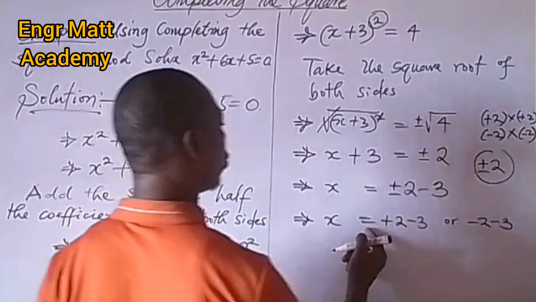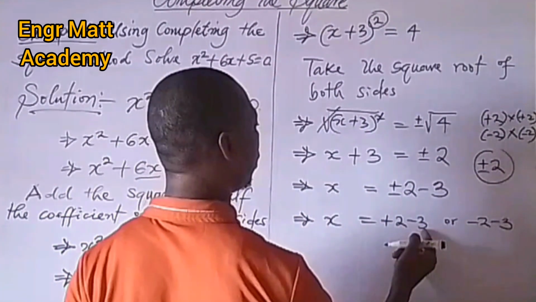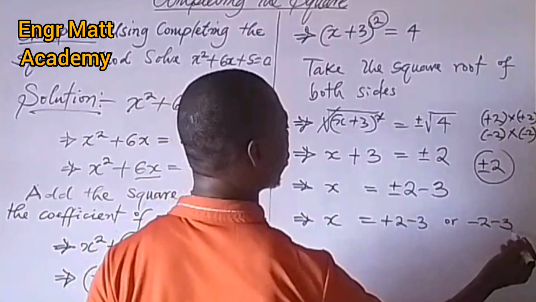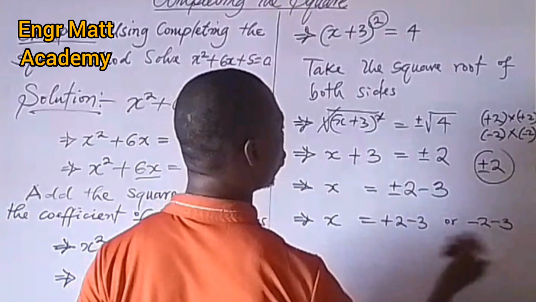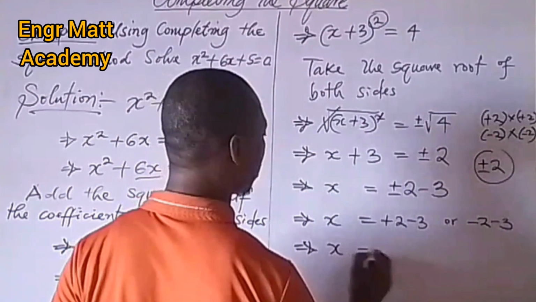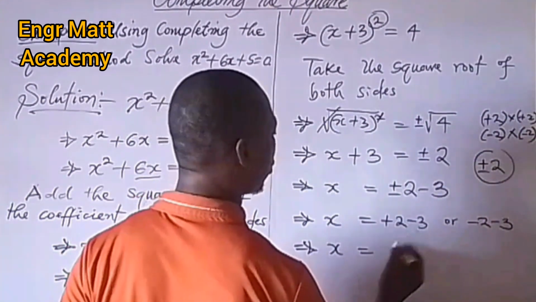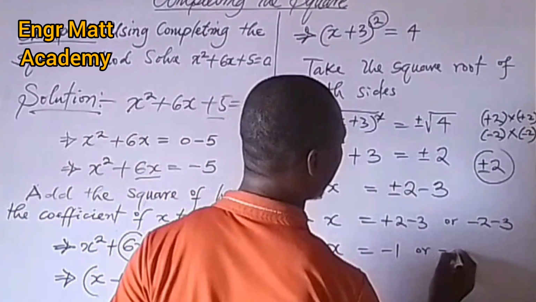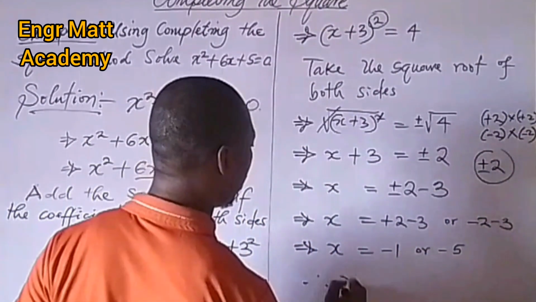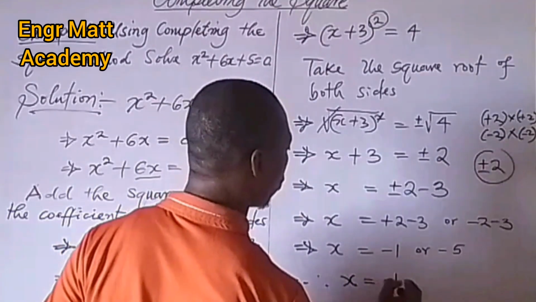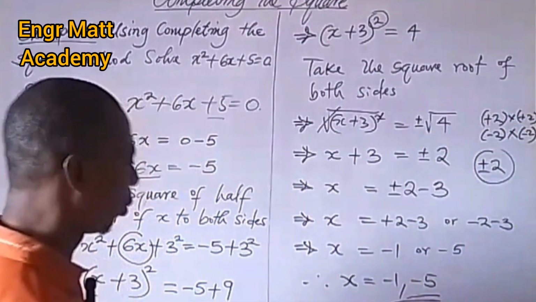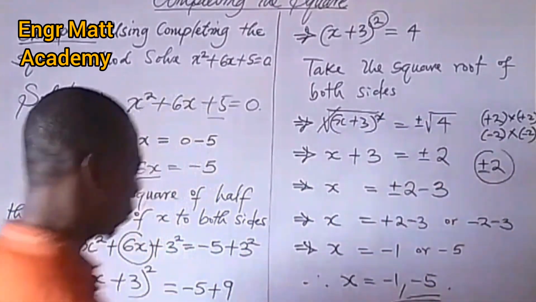So x is equal to plus 2 minus 3 taking the positive 2, or minus 2 minus 3 taking the negative 2. That gives us x being plus 2 minus 3 is minus 1, or minus 2 minus 3 is minus 5. Therefore, x is equal to minus 1 or minus 5. And these are the roots of this quadratic equation.